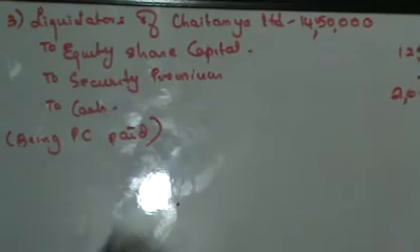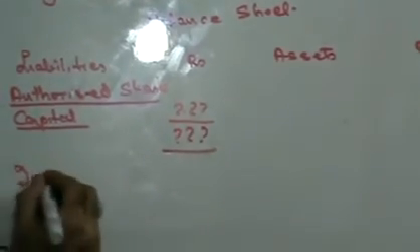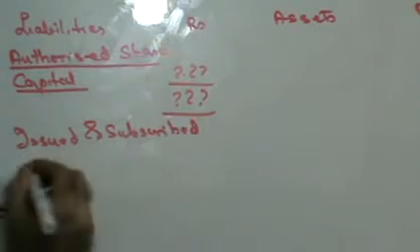That's it. Next, let's make the balance sheet. Liabilities, rupees, assets, rupees. Authorized share capital, question mark, tally that off.